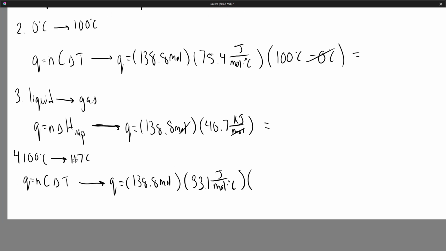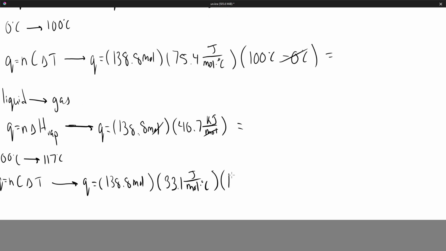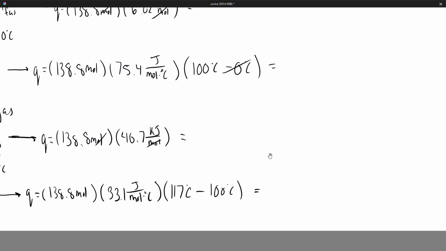So our final temperature is 117 degrees Celsius minus our initial, which is 100 degrees Celsius. That should give us an answer in joules.